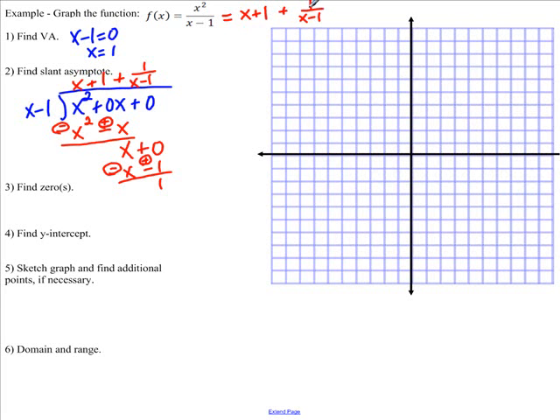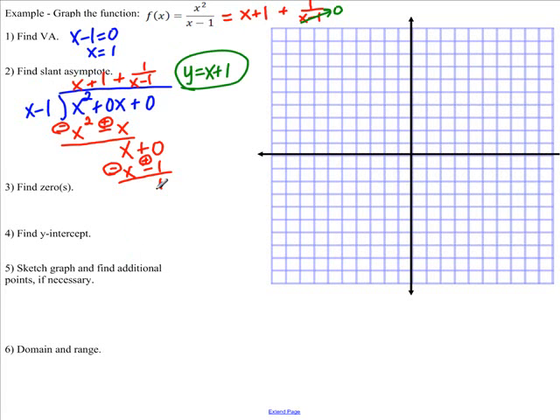Remember that if we have a constant divided by a number that gets larger and larger, that's getting close to 0. So as we go to infinity, this is approaching 0, which means that this graph at its ends is really equivalent to x plus 1. So that's where we get that asymptote from. So our slant asymptote is y equals x plus 1.